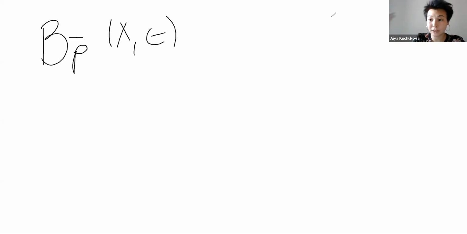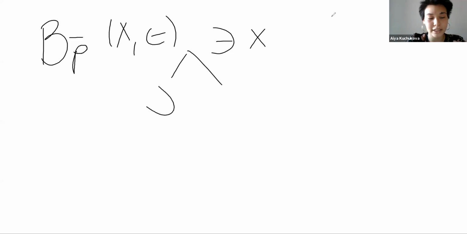That would be one of our basis elements which contains x. To show that the box topology is finer, we're trying to find something in between, some kind of V, so that it would lie inside of this ball and would contain this x. And so what do we do with that V?